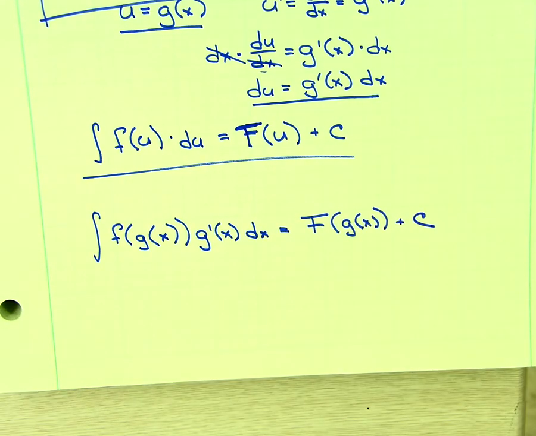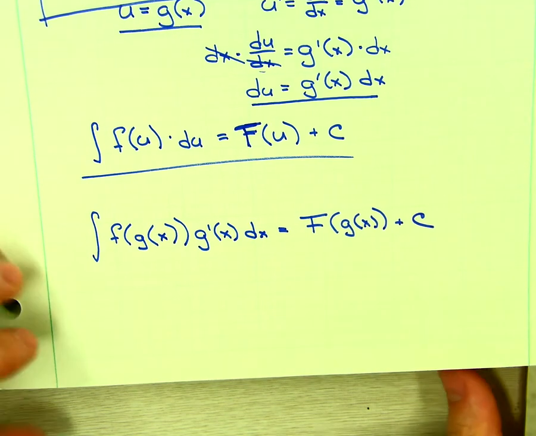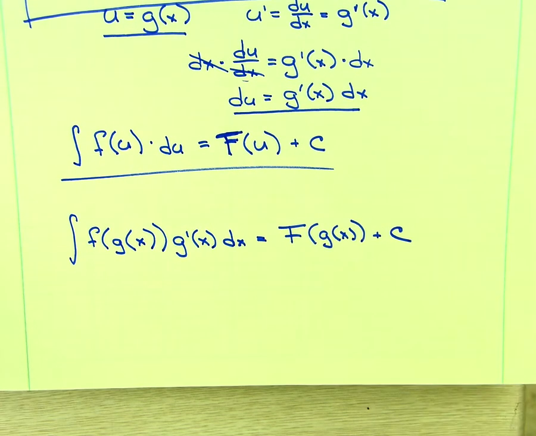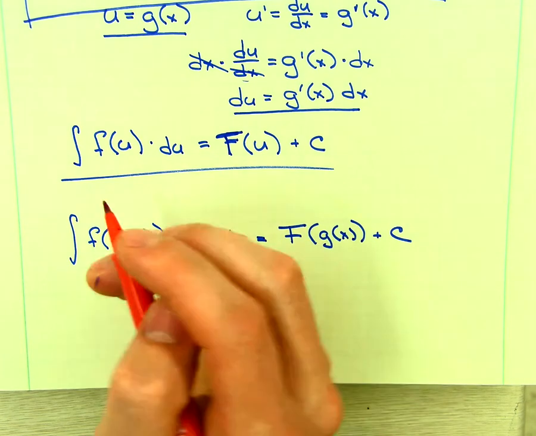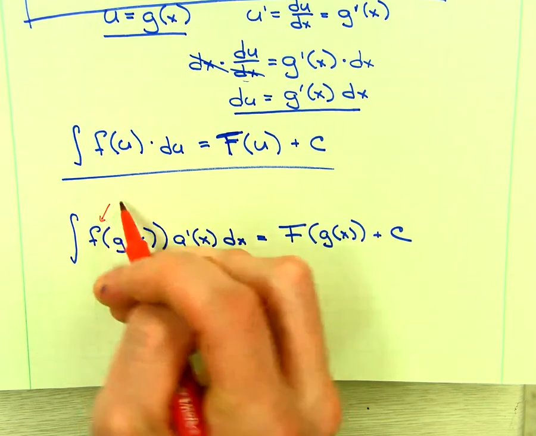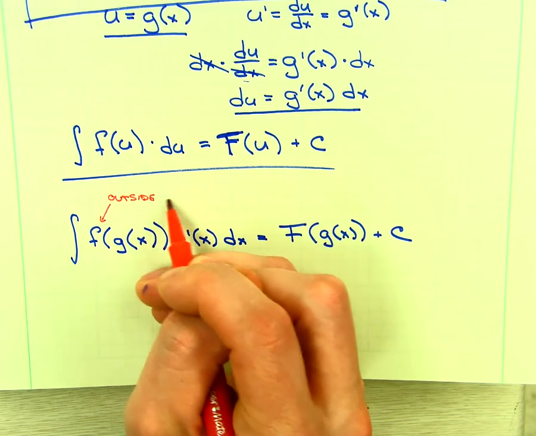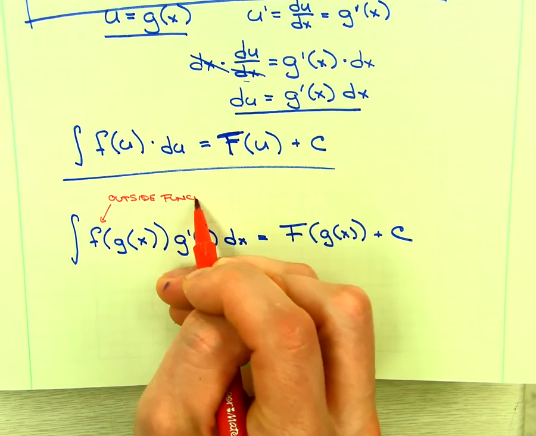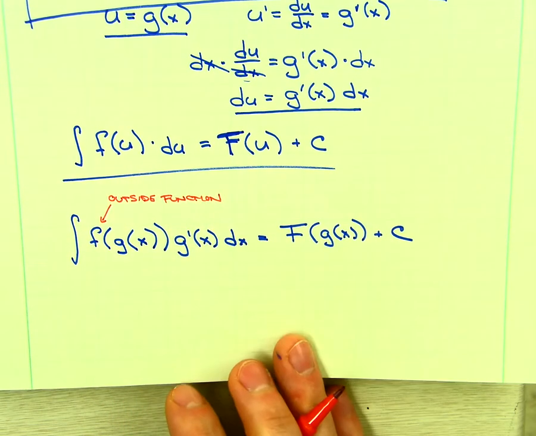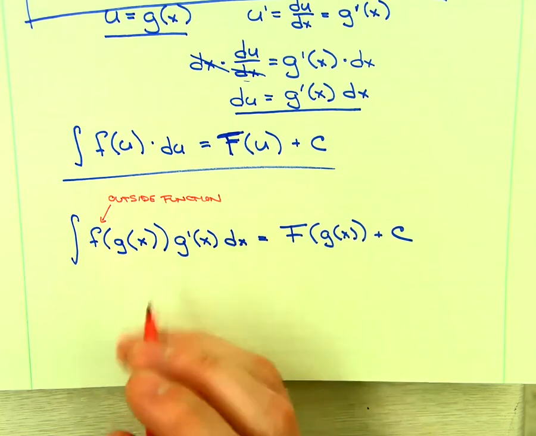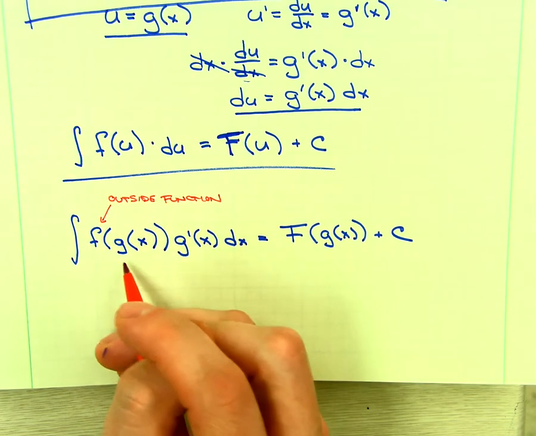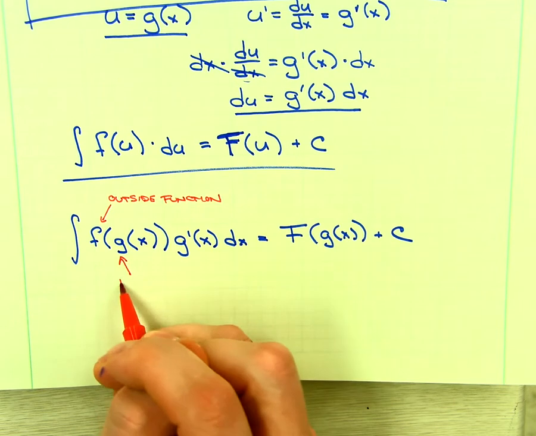Okay, so now there's a couple things I want you to recognize. Just like when we were doing the chain rule with derivatives, there's the outer function and the inner function. So start being able to spot those. Right here we have an outside function. Before I was calling them nested functions, in this case I'm calling it an outside function. And this thing right here, g of x, this is my inside function.